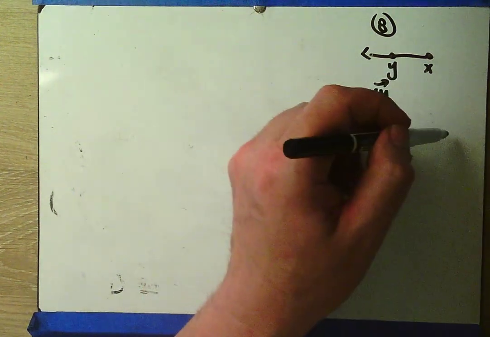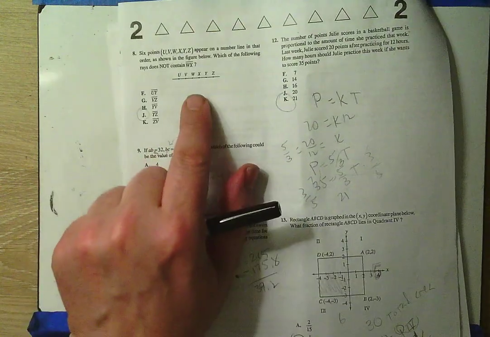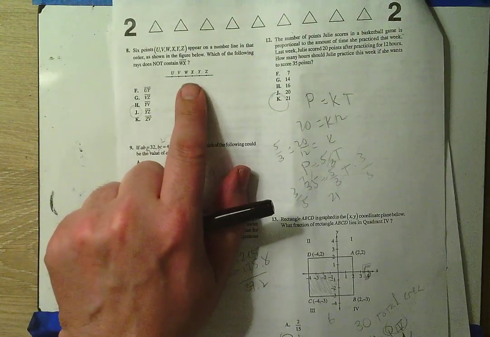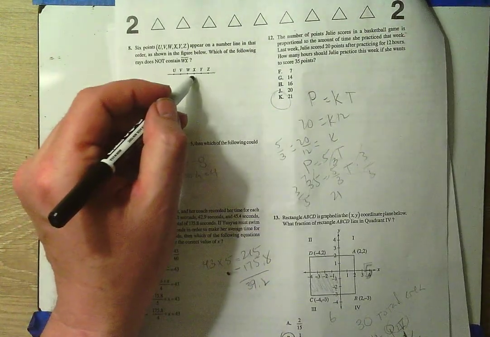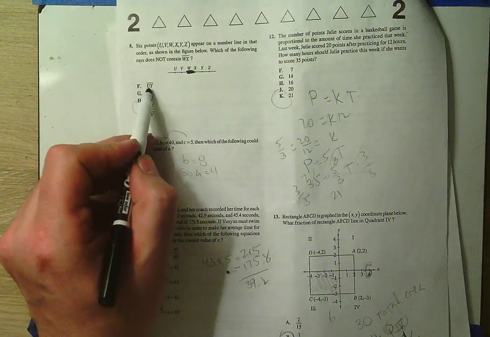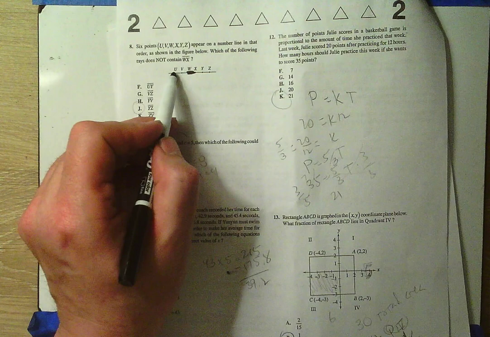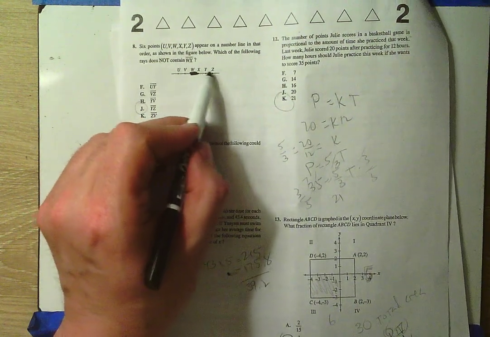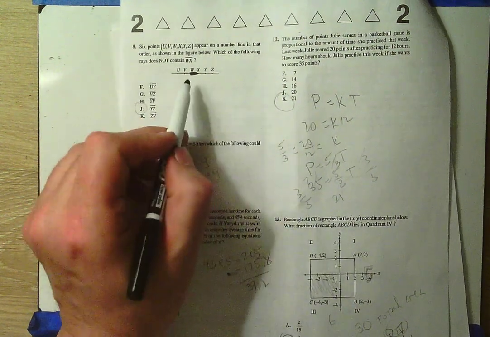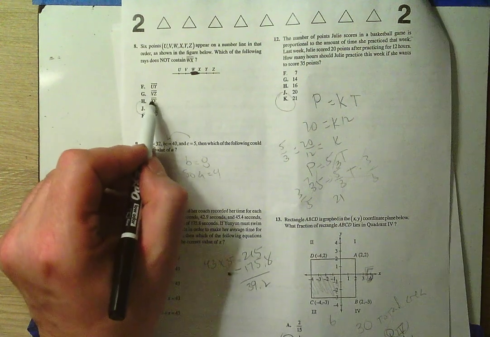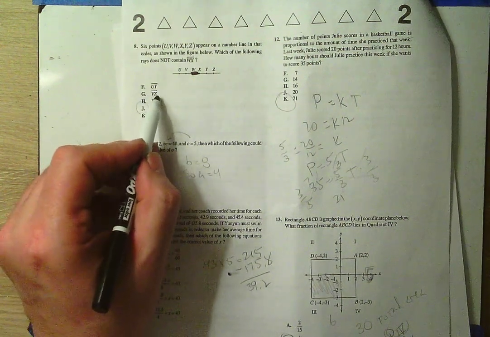So when I look at this number line here, which ray does not contain WX? Well, ray UY starts here, goes through Y and keeps going in that direction. That contains WX. How about VZ?